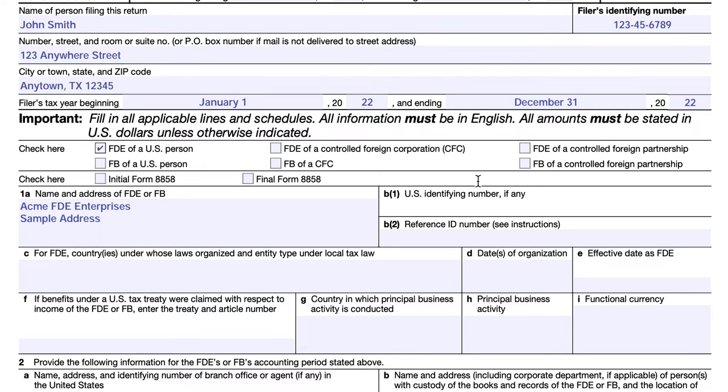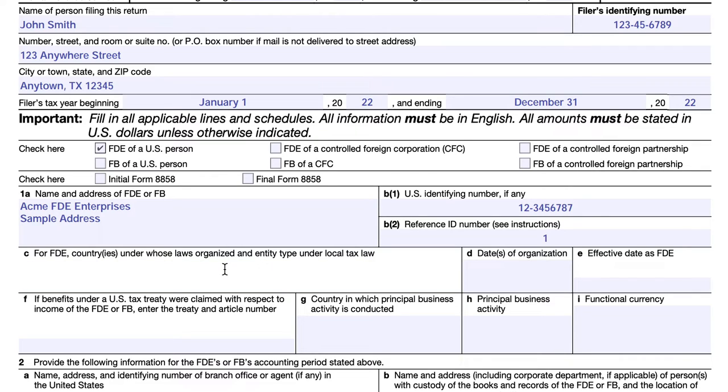If it's a new EIN, it should be included on the Form 8858 for the first year in which you're treating this as an FDE. The old reference number, if there was one, would be entered on B2. So let's just say your employer identification number is that.